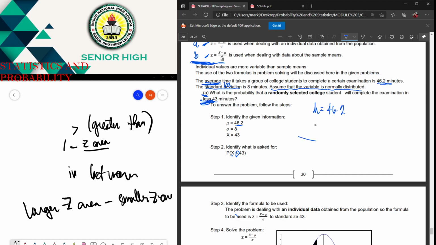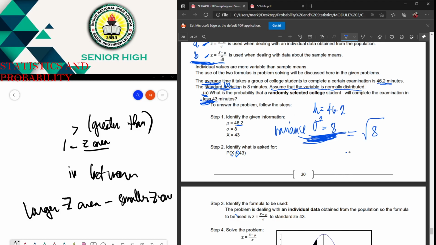So the variance is 8. If that is the given, you should get the standard deviation first before solving the equation or using the formula, because the formula uses the standard deviation. So if the given is a variance, say the variance is 8 minutes, you need to get the square root of 8.